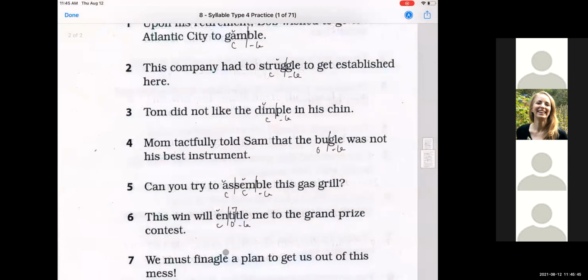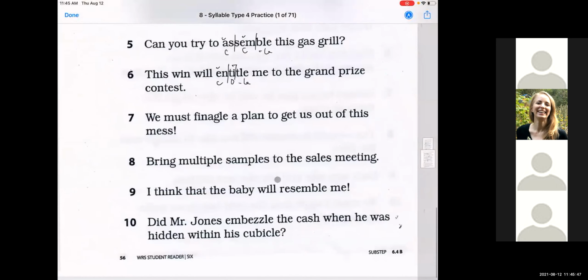Can you see it? Yes, I can see. So close and open. Title. Okay, entitle. Entitled. Okay, thank you. Number 7. I forgot who's next. I forgot too.